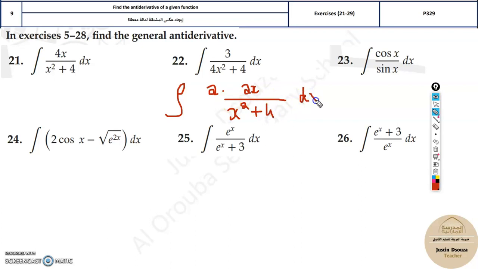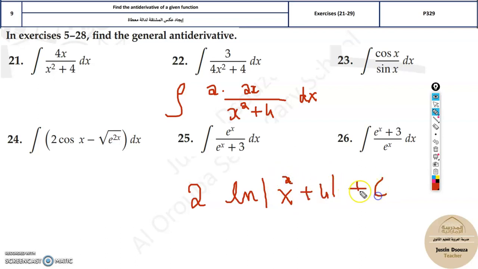Now this is dx. Always the dx will be there for an integral. Now 2 is a constant, leave it. What happens to this part? The denominator's derivative will be 2x, so we can just write ln magnitude x squared plus 4, close the magnitude symbol, plus c. So this is the answer.